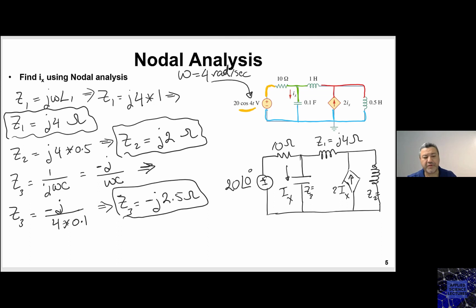So those are the first steps that you should be doing. If you have a circuit in AC steady state and time domain, you have to go to the frequency domain. And notice that the impedance for the capacitor is negative, minus j2.5 ohm. Okay.